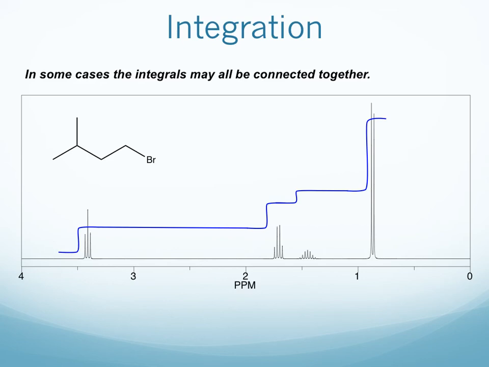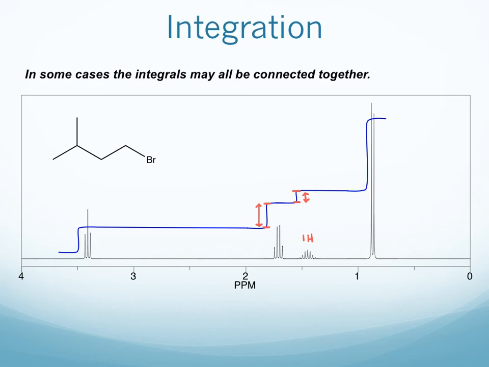And what you want to do is find your smallest step, and that would be this one right here. And we'll set that one equal to 1. And that means, for now, we're going to say the integration for this signal is 1 hydrogen. Now, if we move over to the integral to the left of this one, and eyeball the distances here, from here to here, that looks to be about double the last one.